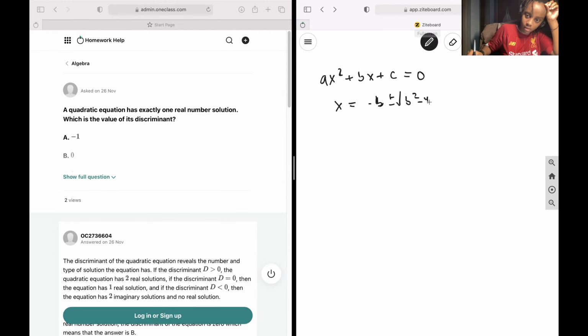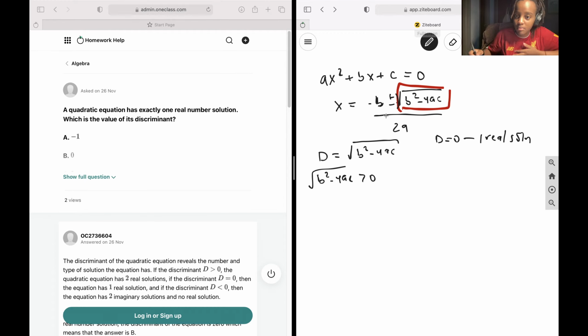If d is greater than 0, and we've seen this when we had the square root of 8, that means that this plus or minus is relevant, and you will get two real solutions because you'll be adding and subtracting a real number. And so when d is greater than 0, we have two real solutions.